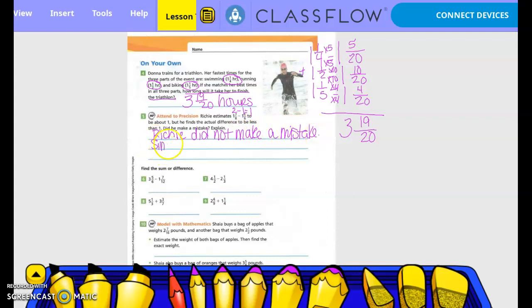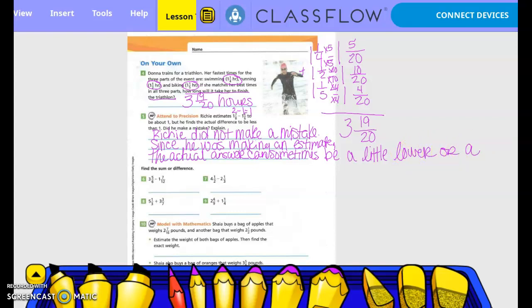Since he was making an estimate, comma, the actual answer can sometimes be a little lower or a little higher.